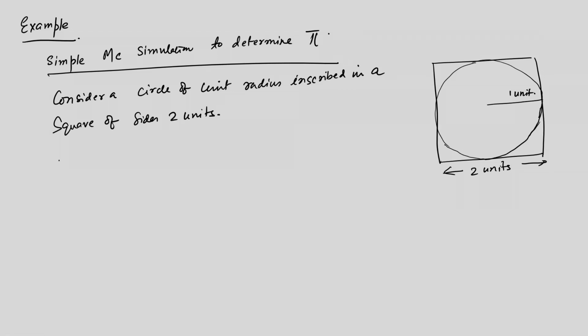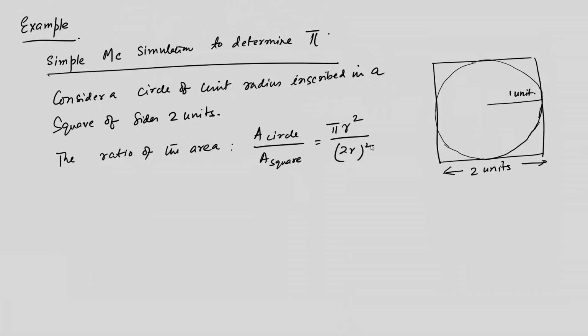So, the interesting thing is that the ratio of the area of the circle and the square, so a circle and a square, is pi r squared over (2r) whole squared. So, with r equal to 1, this ratio is pi over 4.